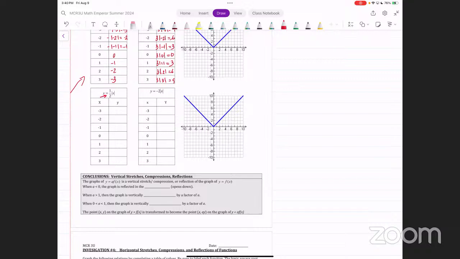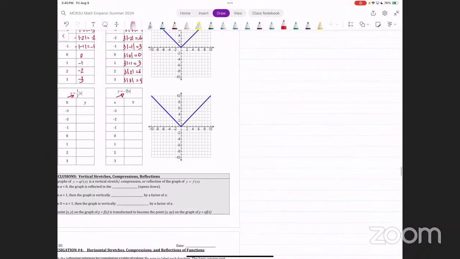Wider is called compress, right? And then sometimes you also see both a negative and a number. So the last one is going to do two things. You know what the last one will do? It's going to be reflected and also make the curve narrow. Make sense? So if the number is smaller than 1, it's compressed, wider and compressed.